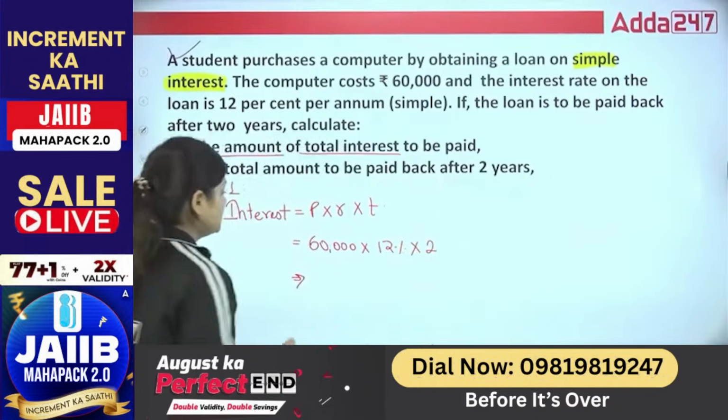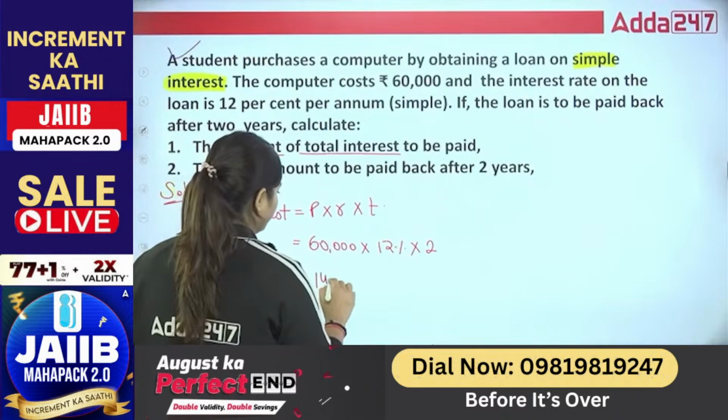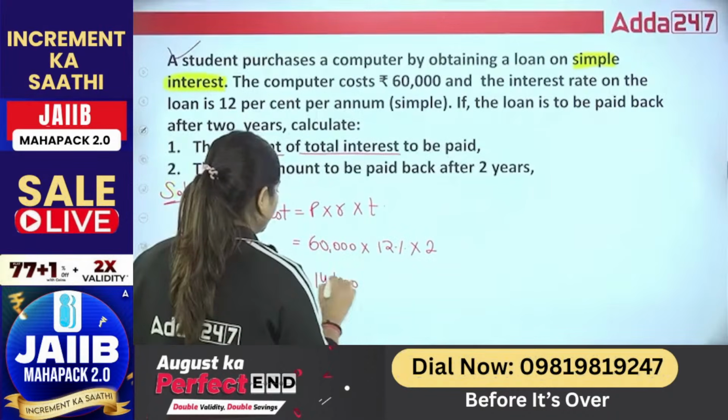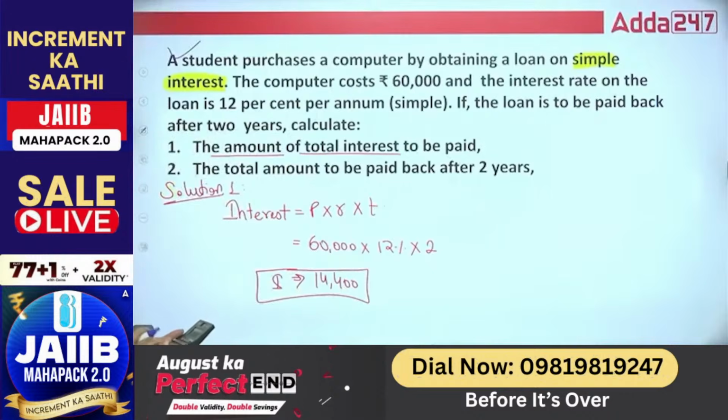What is your interest amount? 60,000 into 12% into 2. So your interest amount is 14,400.